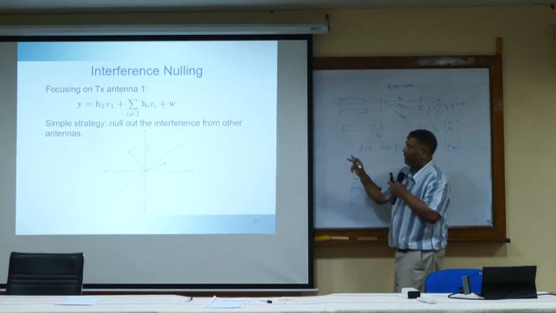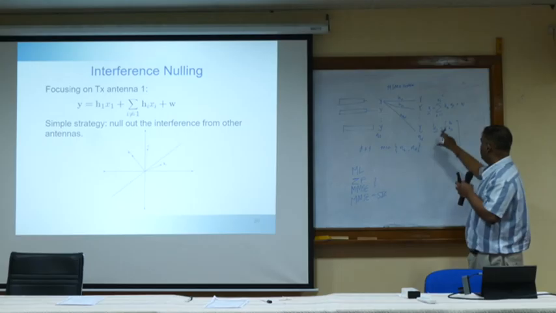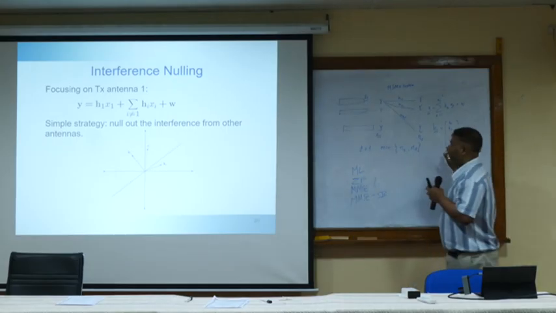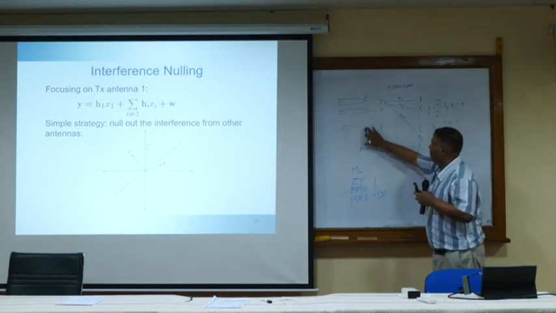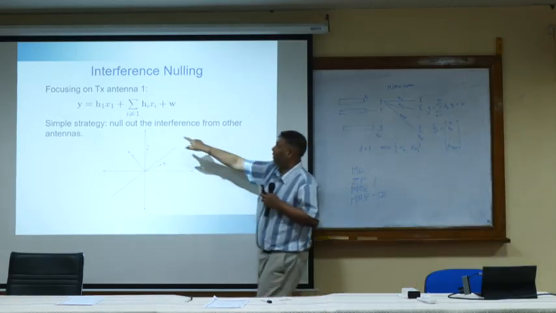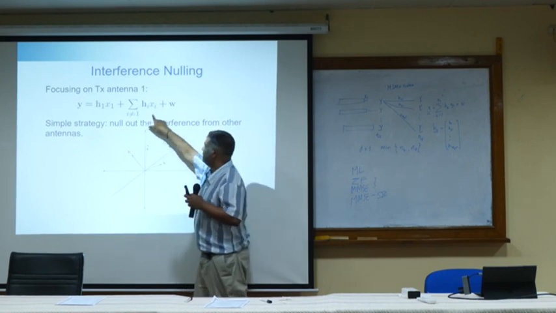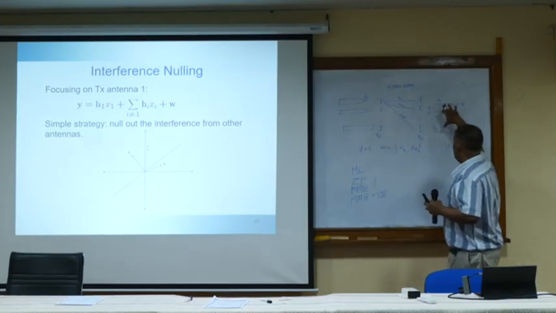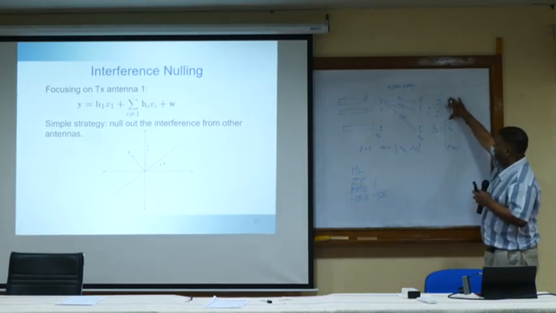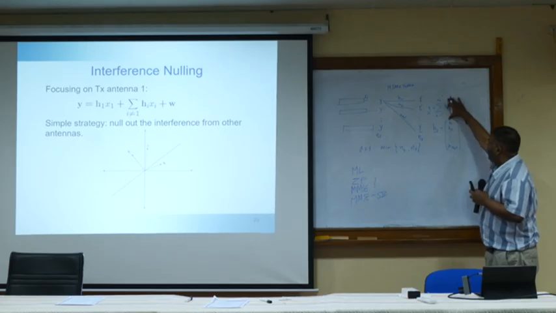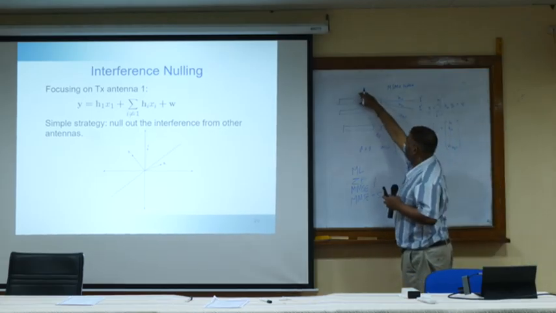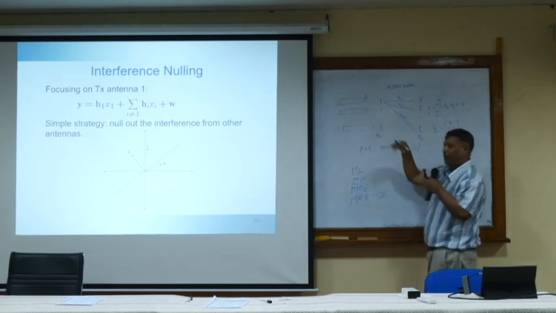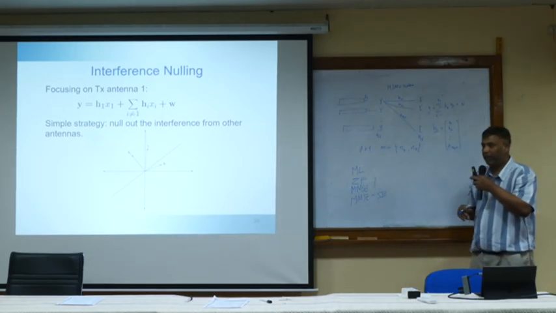So the receive signal can be written in that form. Receive signal Y is equal to H1, this is the H1, and this is the X1, plus the remaining signal. These are the remaining signal. So when you are decoding at the receiver, all add together like this, okay? But when you are decoding this signal, all the rest of these are going to interfere.